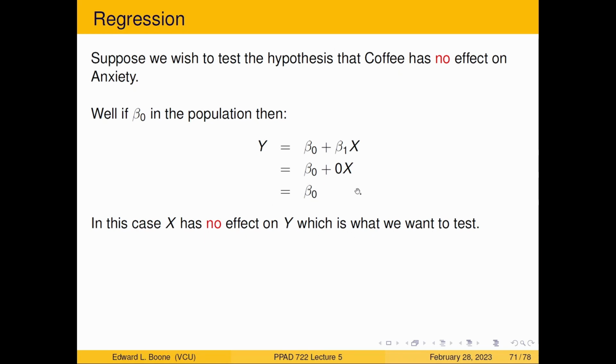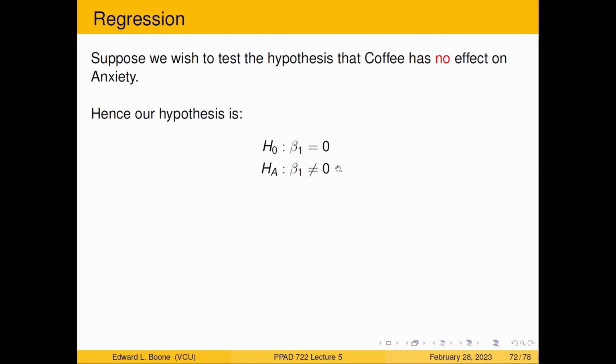In this case, there's no X in this formula anymore, which means X has no effect on Y. Okay? So we can set this up as H naught: beta 1, because this belongs to the population, not the sample, and it is a number, so it doesn't have a hat, is equal to 0, or HA: it's not equal to 0. Being equal to 0 means the variable coffee has no effect on anxiety.